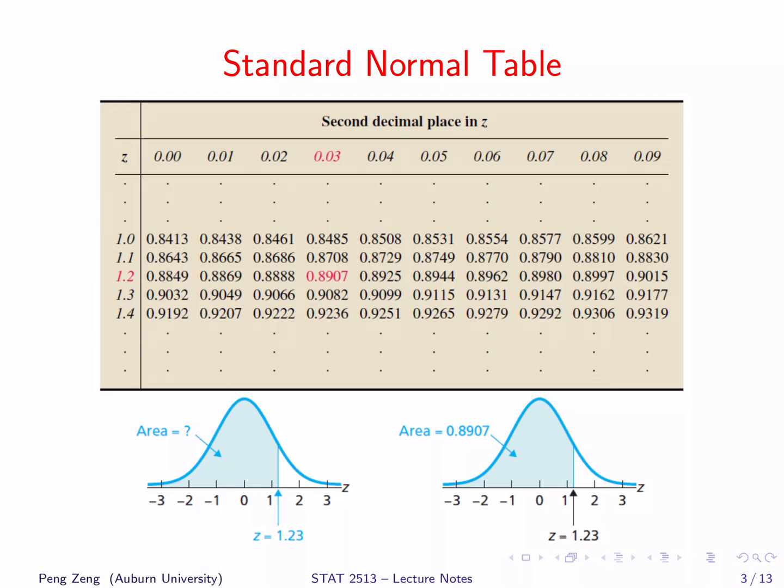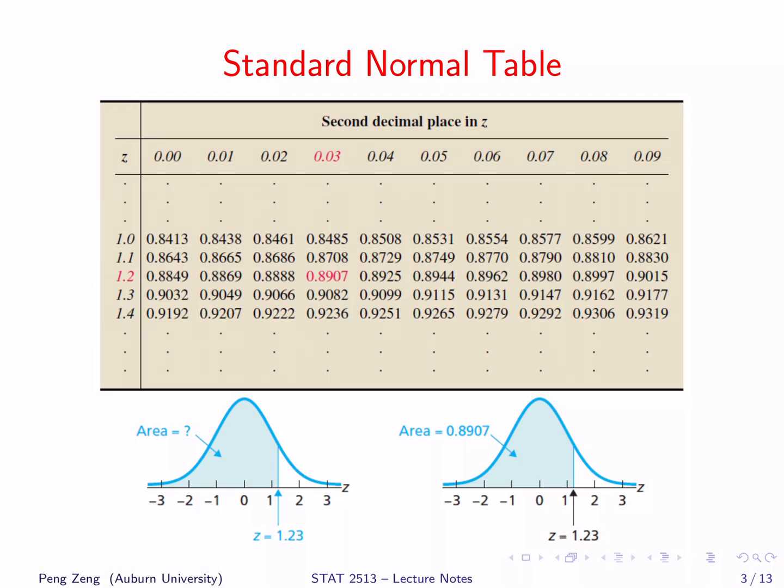Another usage of this standard normal table is to calculate the value of z if we know a probability. For example, what is the value of z such that the probability less than z is 0.8907? For this problem, we need to locate the value 0.8907 in the table, which is highlighted by red. The row is 1.2 and the column is 0.03.